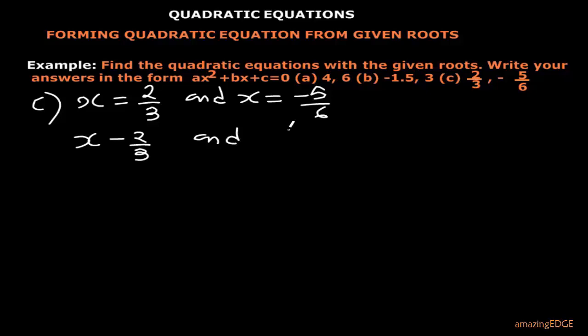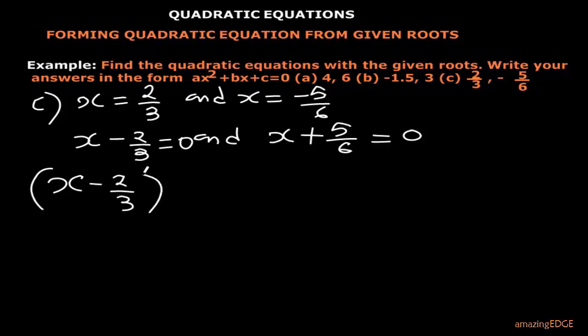And here we can write it as x, and this one will be plus because it's coming over to the other side, plus 5 over 6. So this is equal to 0. So when you combine them, you have x minus 2 over 3 times x plus 5 over 6. When you multiply, this still gives you 0.